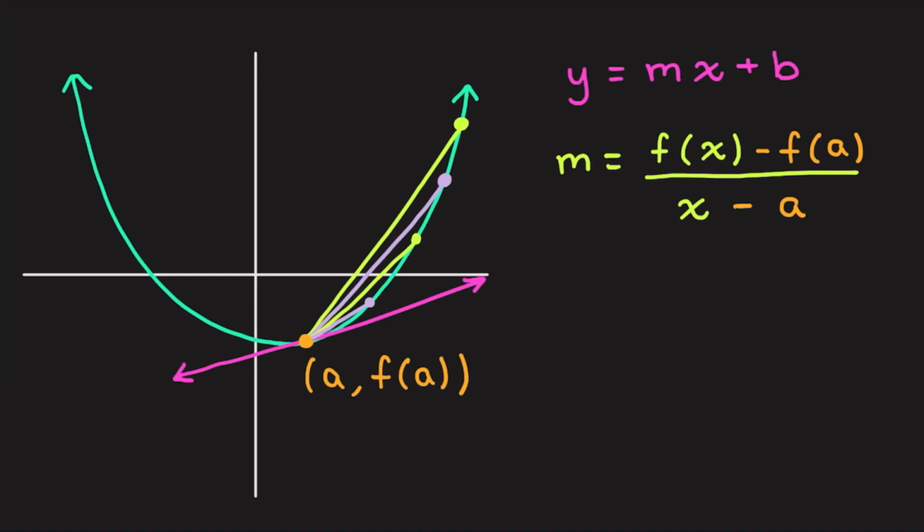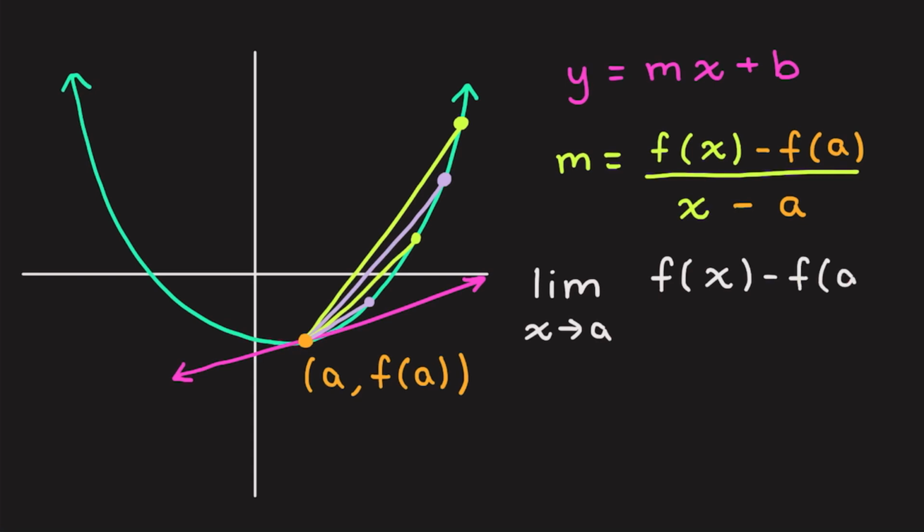This relationship can be represented as a limit. The slope of the tangent line equals the limit as x approaches a of (f(x) - f(a)) all over (x - a).